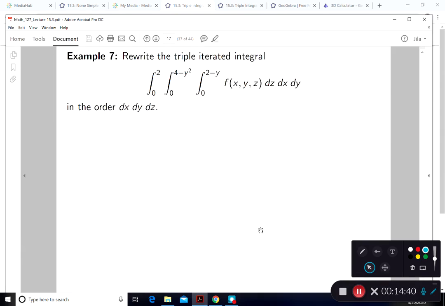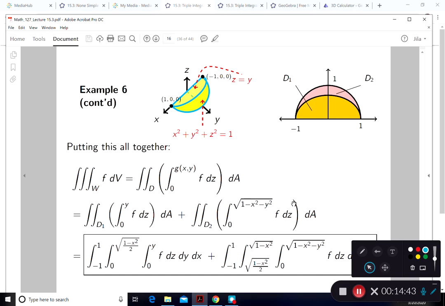Then you set up the integral, which is going to be a triple integral, and the inside one on D1 goes from 0 to y, and on D2 goes from 0 to the upper half of the sphere. That is, z equal to 0, z equal to y, and z equal to the square root of 1 minus x squared minus y squared.